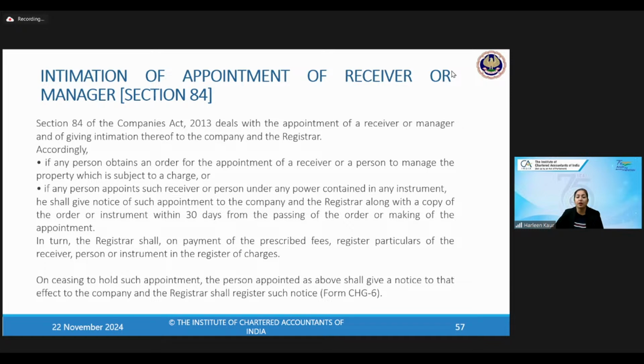On ceasing to hold such appointment, the person appointed shall give a notice and the registrar will register such notice. Once that person ceases to hold the appointment, again within a period of 30 days, you shall inform the registrar that this person has now ceased.